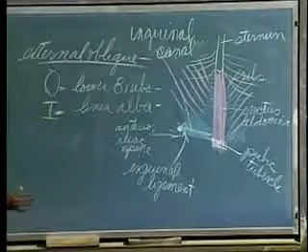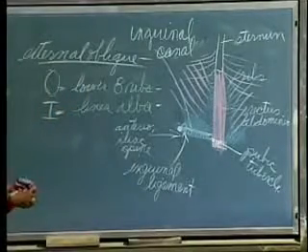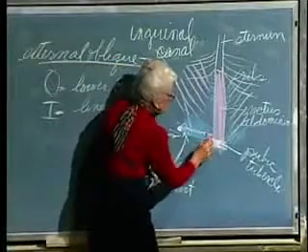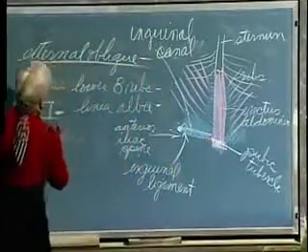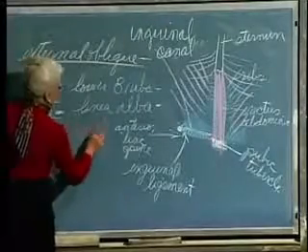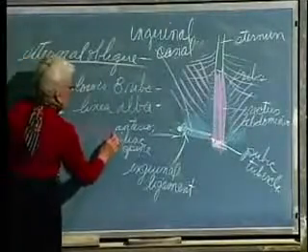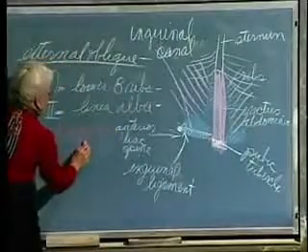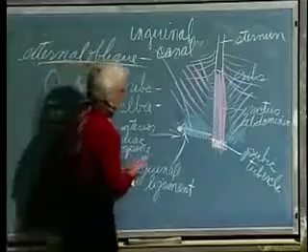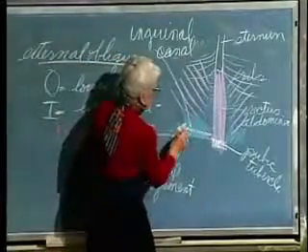It has a superficial ring that's out here, and a deep ring, which is at the other end of the canal.